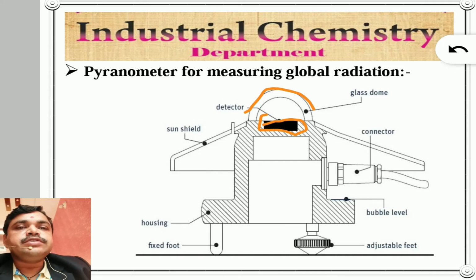Next is the sun shield which is supporting the instrument. Next is the connector which records the sun radiation, and this connector is connected with other electric instruments.